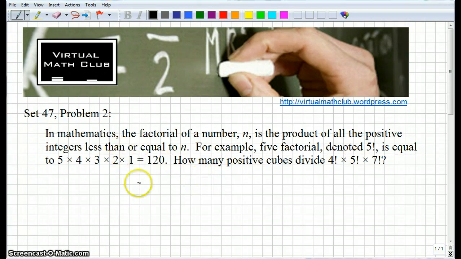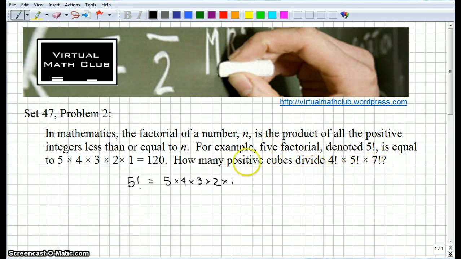So I give an example here of 5 factorial would be equal to 5 times 4 times 3 times 2 times 1, right? But the actual question asks, how many positive cubes divide 4 factorial times 5 factorial times 7 factorial?